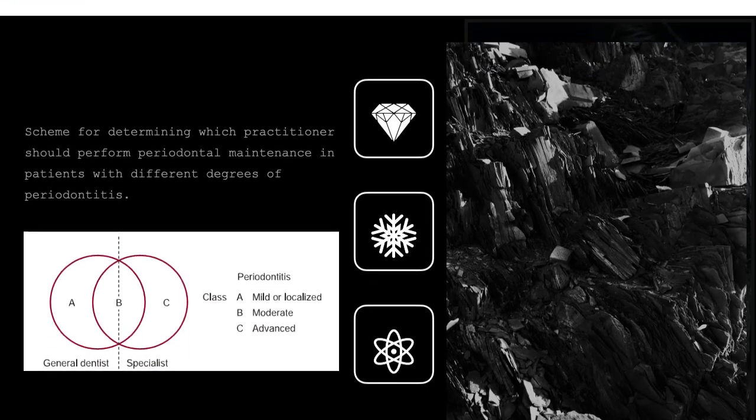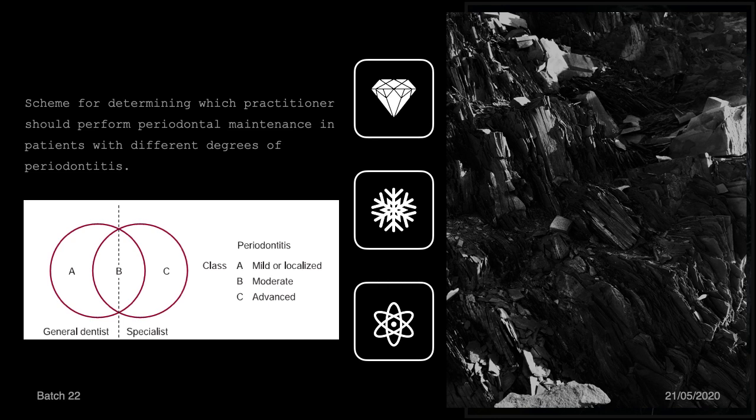So who is going to treat the patient? If the patient has periodontitis, a mild to moderate periodontitis can be treated by a general dentist. If you see advanced periodontitis, then the treatment should be referred to a specialist.